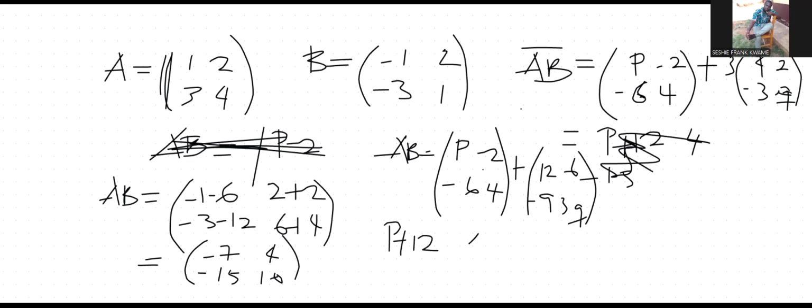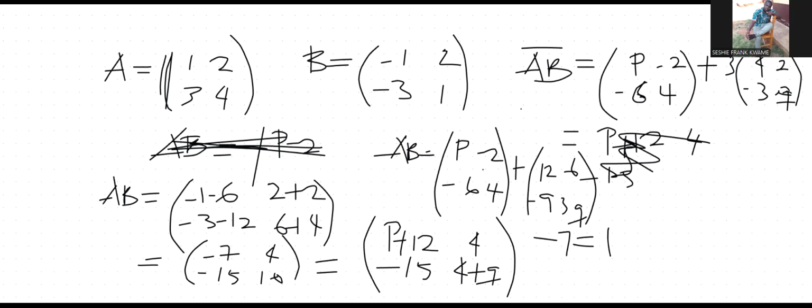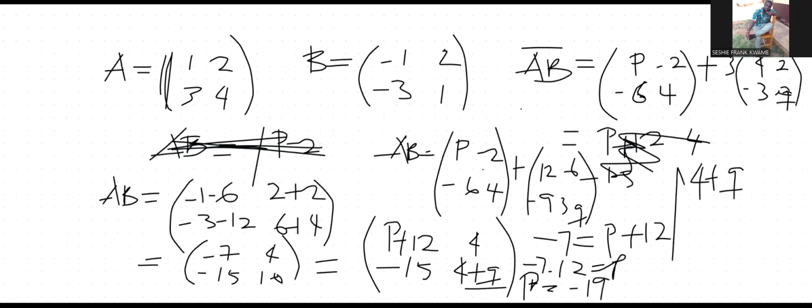Then negative 6 plus negative 9, negative 15. Then 4 plus Q. So if you compare this, they should be equal. So negative 7 is equal to P plus 12. So negative 7 minus 12 is P. So P is negative 19. Then now 4 plus Q is 10. So Q is 10 minus 4. So Q is 6.